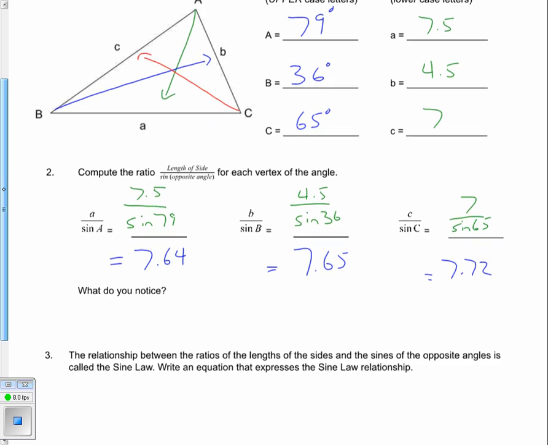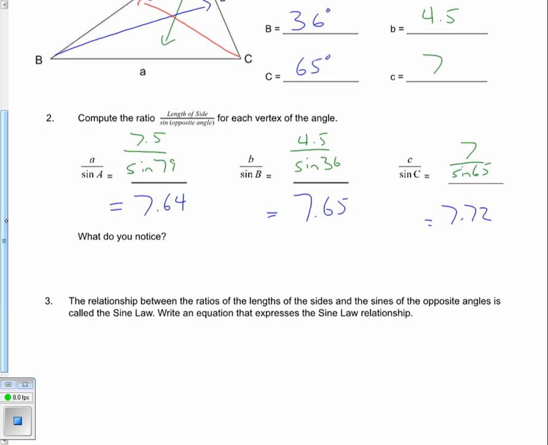But I think it's pretty clear that all three ratios, for side A with sine A, side B with sine B, and side C with sine C, are very, very similar. They're almost the same.